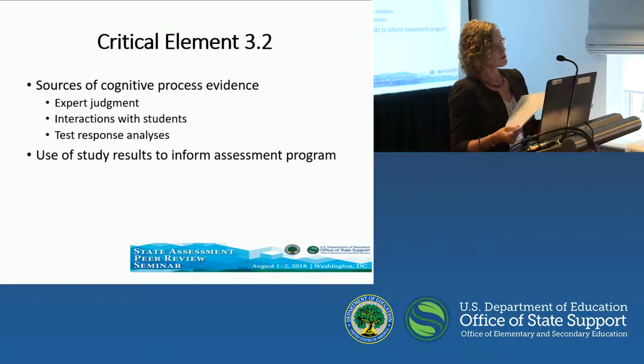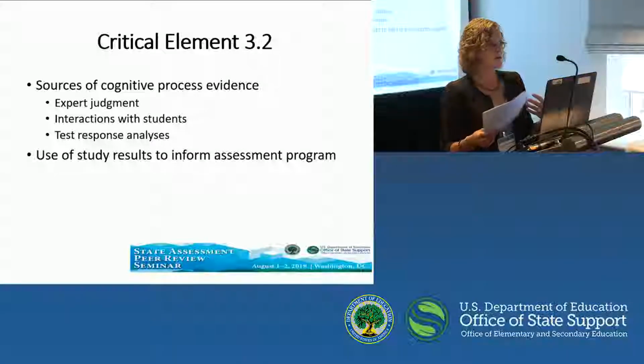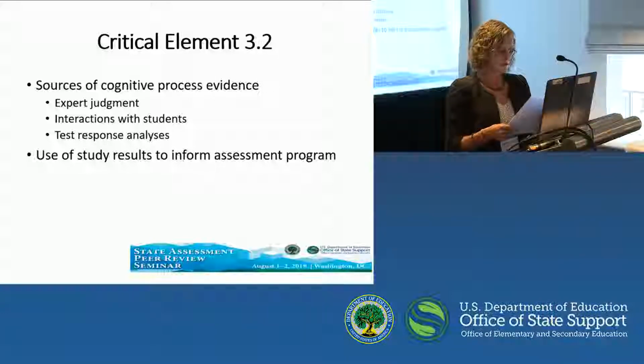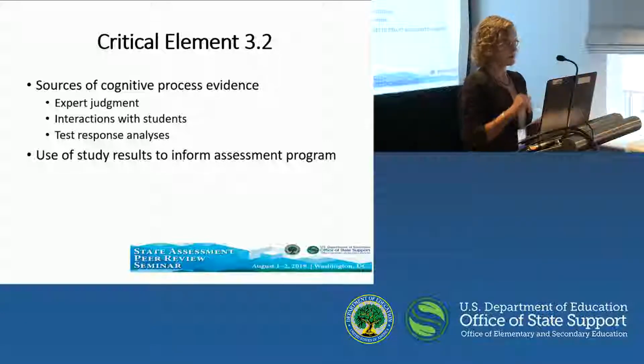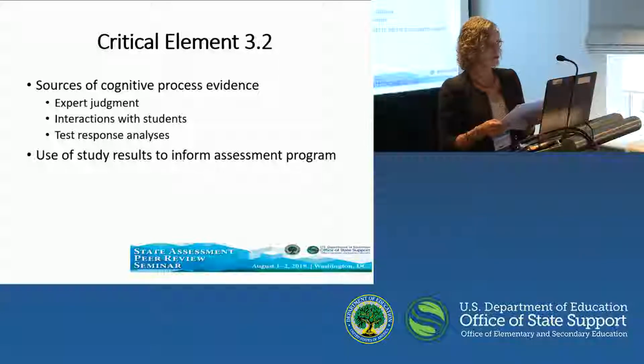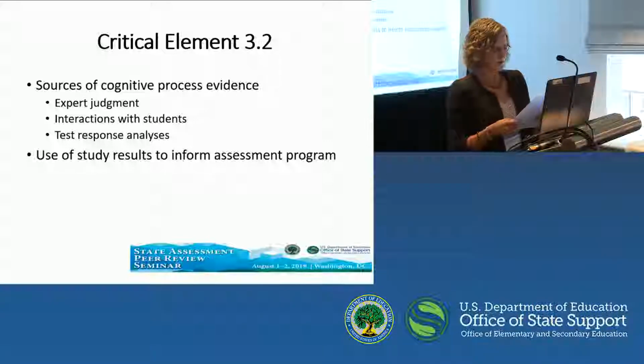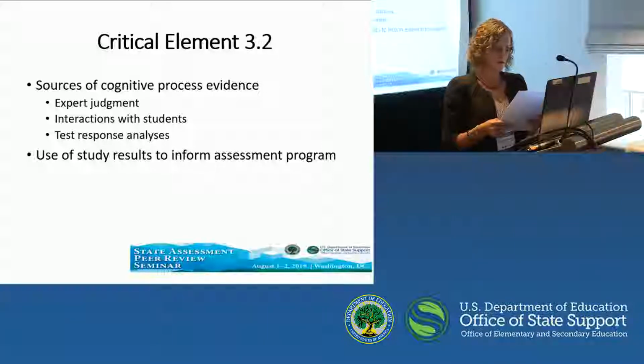But we also brainstormed during the phone calls about other ways that states might provide evidence related to cognitive processes. Other forms of evidence can include think aloud studies, analyses of incorrect response options, sometimes called distractor analyses, surveys of students after tests, time spent on items, and skipping patterns.